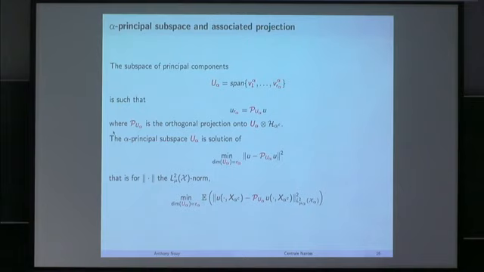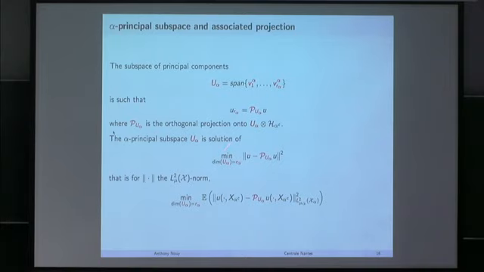This is another point of view where I interpret the best approximation problem as the search for an optimal subspace. And in fact, this subspace of principal components is a solution of an optimization problem like this, a minimization problem over all subspaces of a given dimension that minimize the distance between U and its projection on this tensor product space.